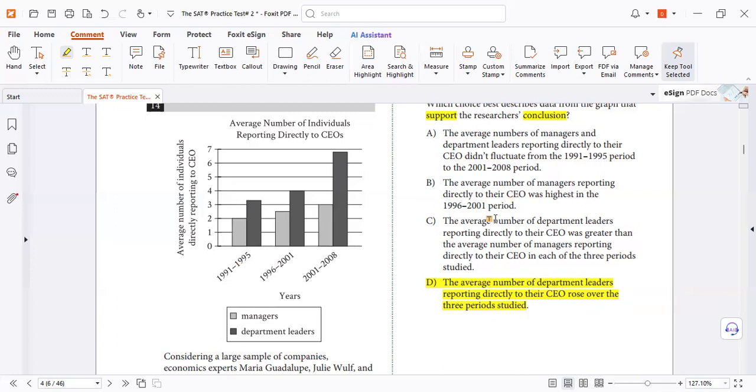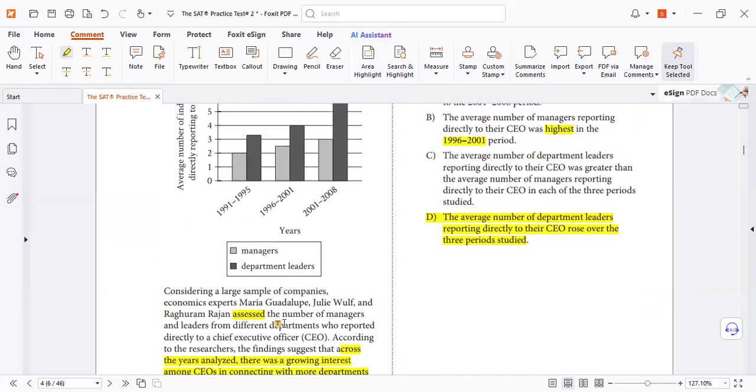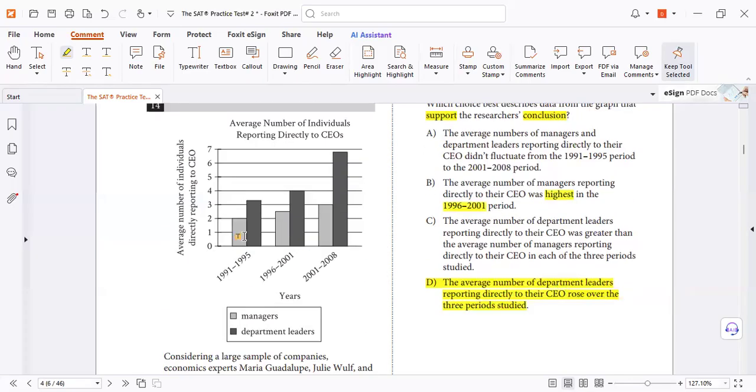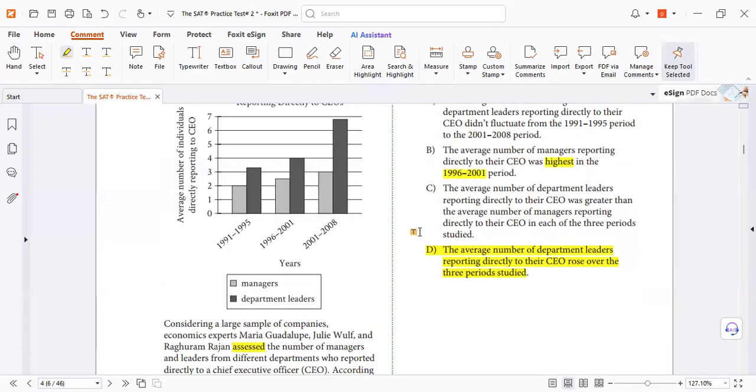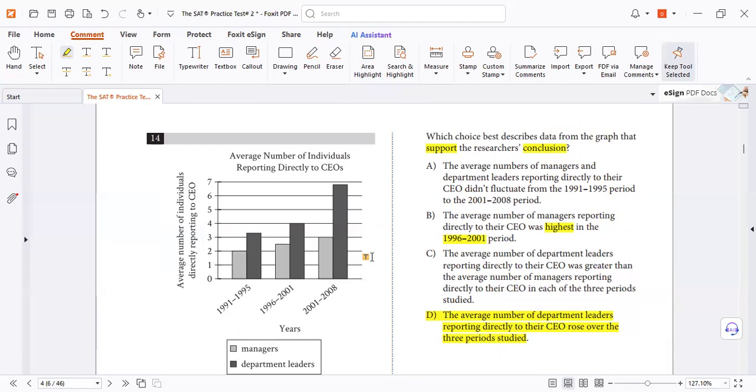Not talking about period one. Look, it's highest, and is this this time only, or all of them? All of them, because here the conclusion is general. Catch it? That's why. This is a common trap, and you will find it in your test. The general conclusion will give you a specific point on the graph, but we need in general, all of them. That's great.